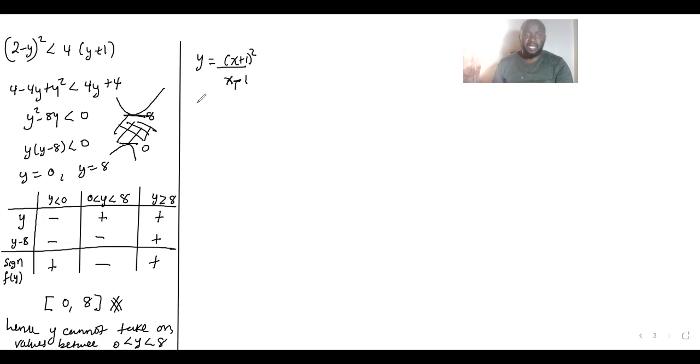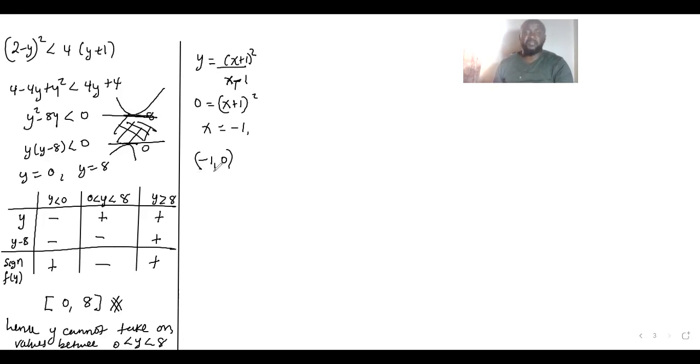So for example, when y is 0, you'll get x plus 1 squared, so x will be equal to -1. So you'll get -1, 0 is a turning point. But according to the interpretation I've given, Aisha Abdallah, how will the curve turn?